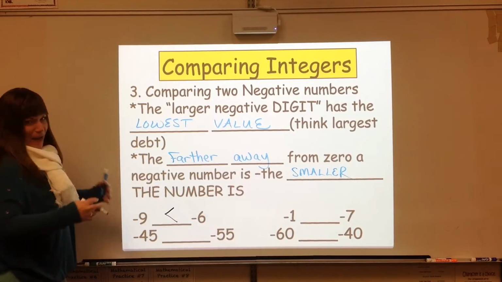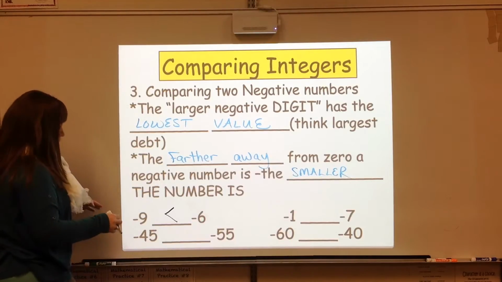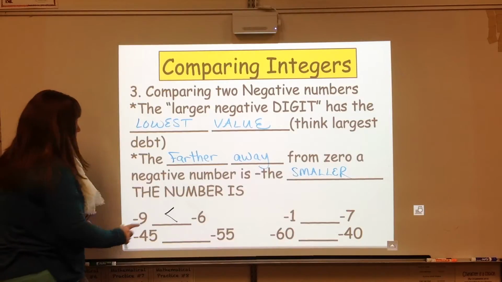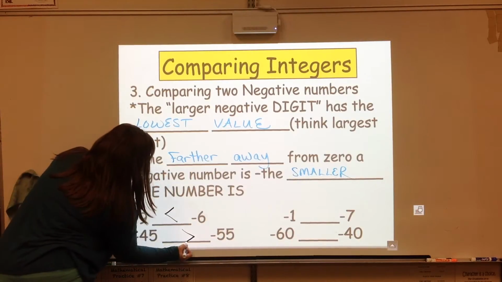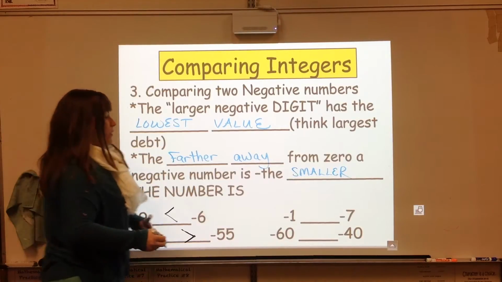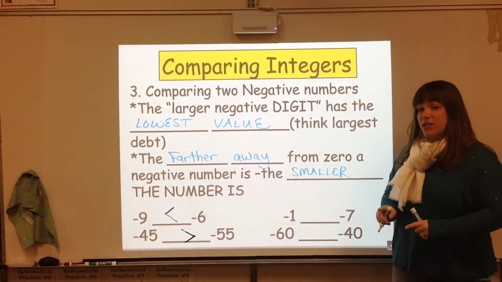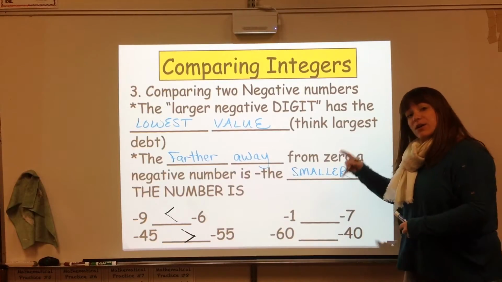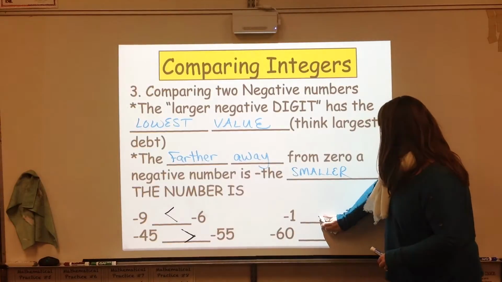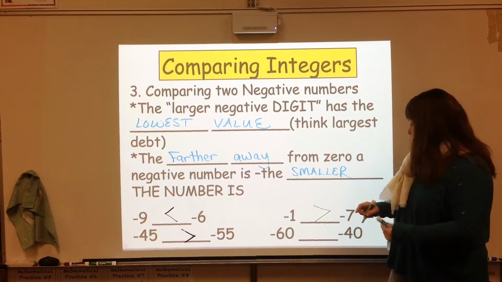And it's kind of backwards. That negative symbol is what makes it smaller. So the larger digit is 55 compared to 45, and so that is going to be the smaller negative number. Similarly, 1 and 7, if you're just looking at the digits, the bigger digit is the smaller negative number. Because they're negative, it's backwards.